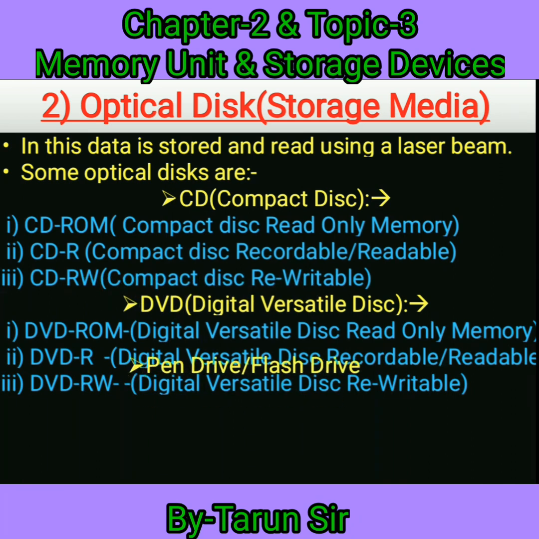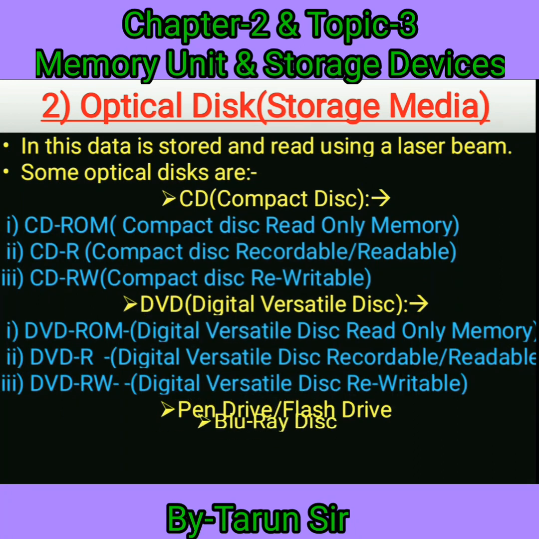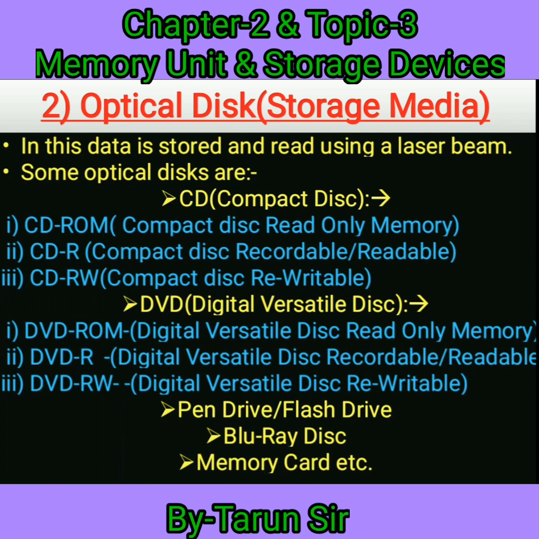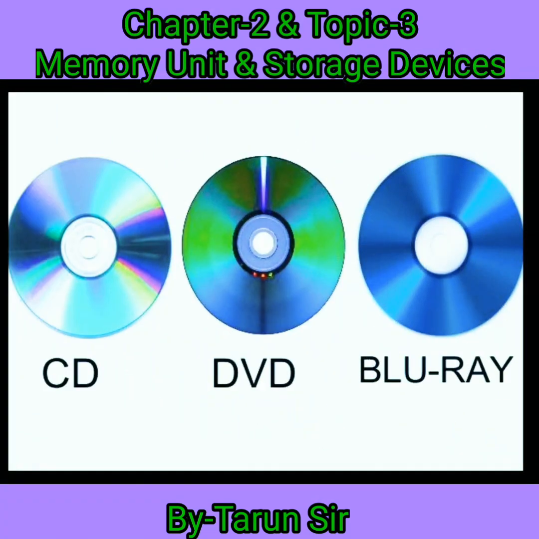And next, pen drive or flash drive, Blu-ray disc, or memory cards and others. These are the different types of optical disc or storage media. We will discuss some very important storage media like CD, DVD, Blu-ray disc.